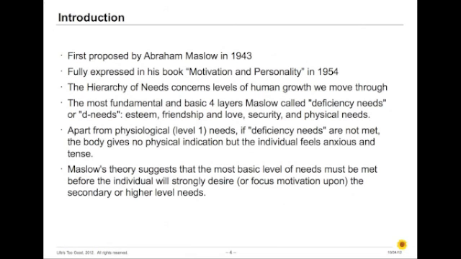Apart from the very basic needs we have, which is level 1, our physical and physiological needs, for any of the other deficiency needs, any of the first 4 levels which are not met, you don't get a physical indication of that, but you would feel anxious and tense. So basically, the theory suggests that at the most basic level, needs have to be met before an individual will strongly desire to move on to more elaborate and higher level needs.